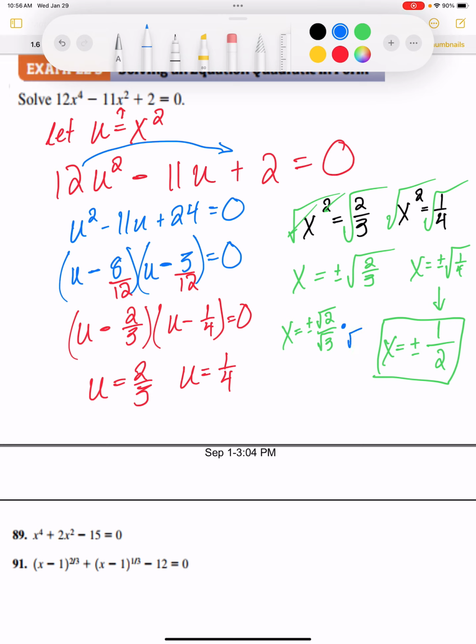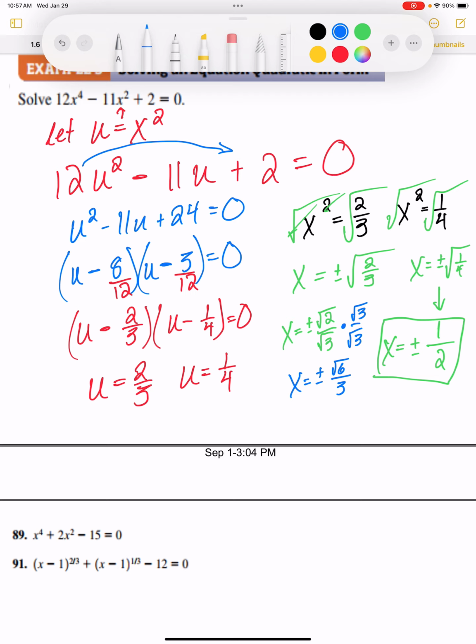You can multiply it by the square root of 3 and do it up here too. So then you can say this is equal to plus or minus the square root of 6 all over 3. Now, that means there's 4 answers here.